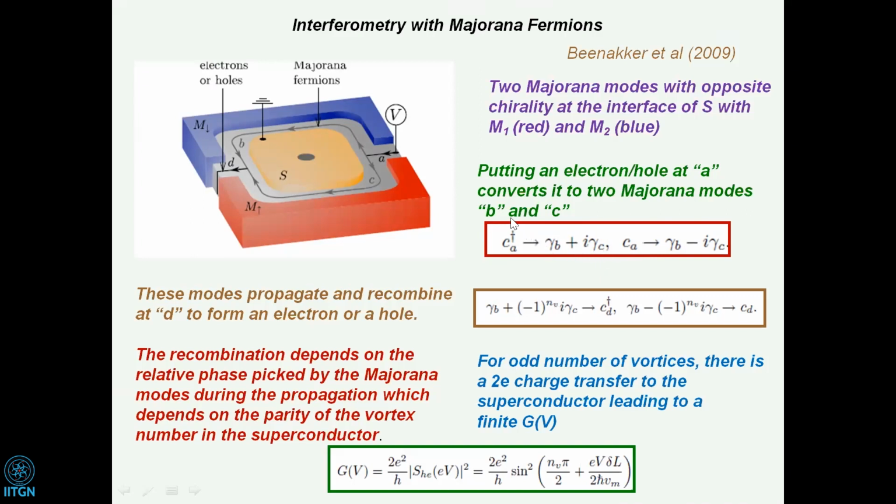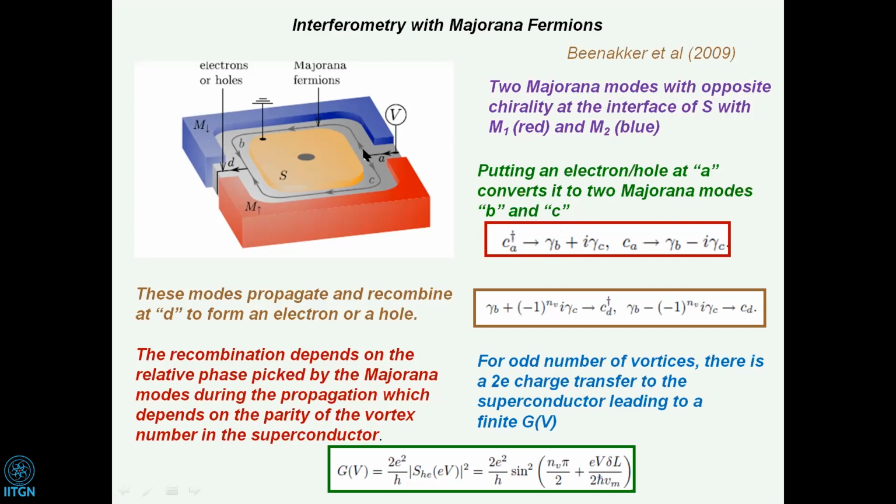So an electron creation operator is given by gamma B plus i gamma C, whereas an electron destruction operator is given by gamma B minus i gamma C. Gamma B and gamma C are real valued fields describing Majorana fermions. Okay, I'm going to cover these Majorana fermions in complete detail in the next lecture, but for now just accept this. We're going to come back to this later.